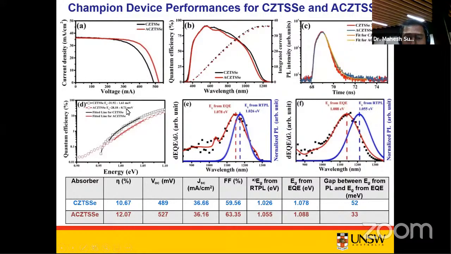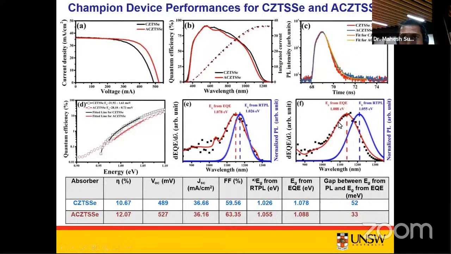Moreover, for both devices, the position of the PL peaks is shifted towards lower energies, a red shift with respect to the band gap determined by EQE. So you can see here, the band gap from the EQE was obtained to be around 1.078 electron volt. This is for CZTSSe and this is for silver-alloyed CZTSSe.